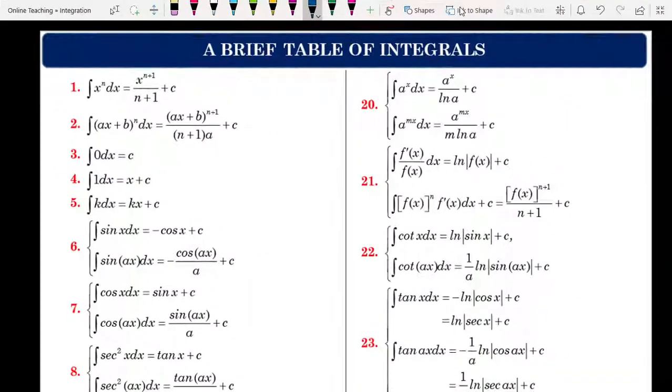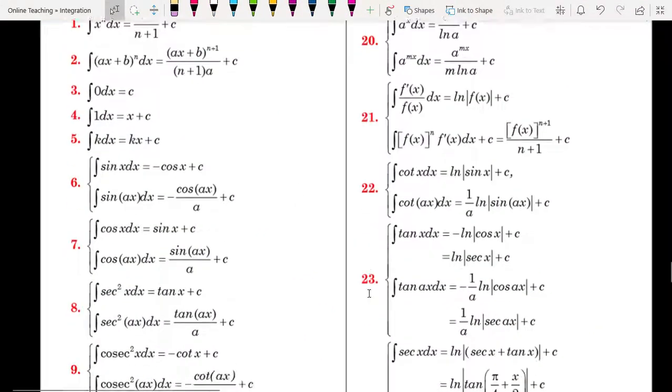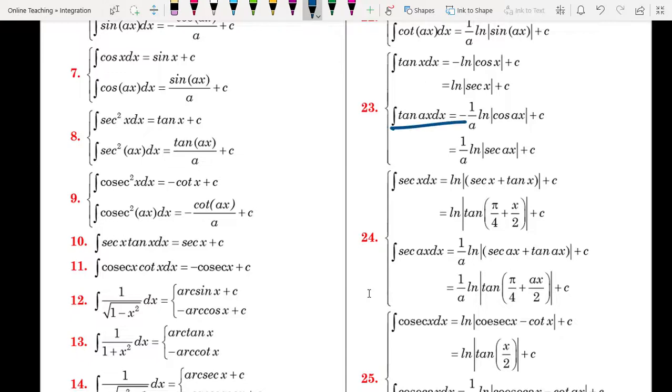Let us show you from the table of integration the integrals of tangent.